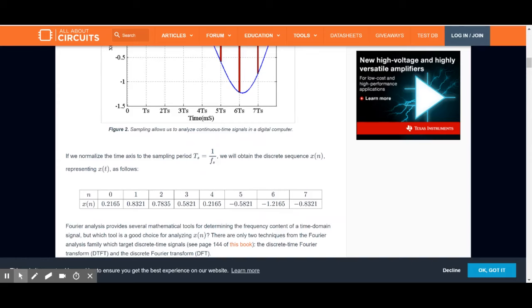Then I'm gonna take 0.21 again, and then I'm gonna take minus 1.21, right?